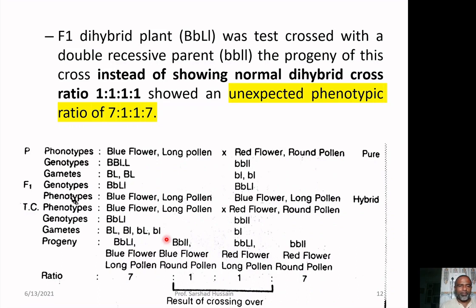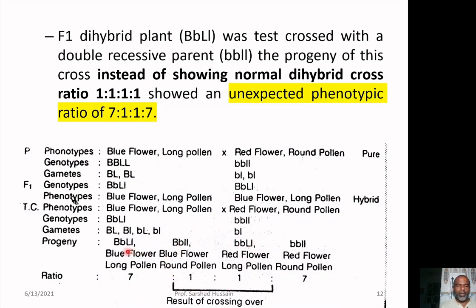What will happen over there, when you are conducting the test cross between your F1 generation heterozygous with the recessive parent, you are having a few more combinations which are called the recombinants.